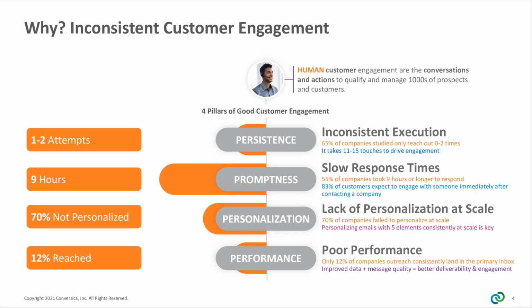So we did a study, we do one every year, where we basically secret shop a set of accounts and try to figure out how well these accounts are conducting their follow-up. We put everything into 4 categories, which we call the 4 Ps. Those 4 Ps are persistence, promptness, personalization, and performance.